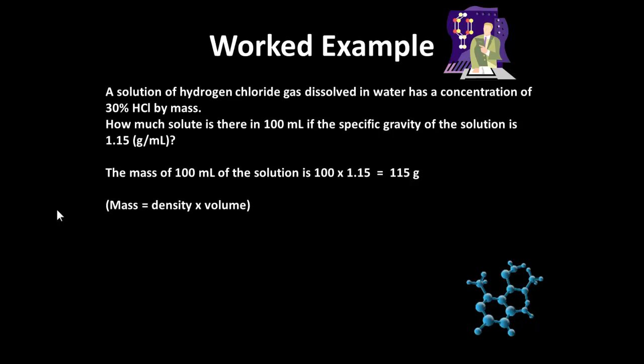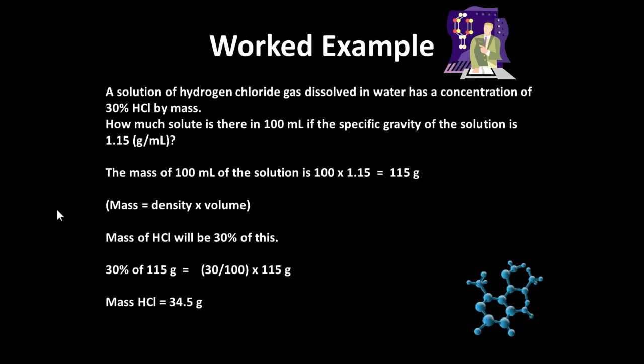Mass, remember, is density times volume. So the mass of hydrogen chloride will be 30% of this, because we said it had a concentration of 30% of HCl by mass. So 30% of 115 grams is 34.5 grams. That's 30 divided by 100, then multiplied by 115.